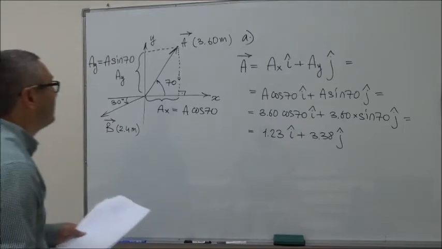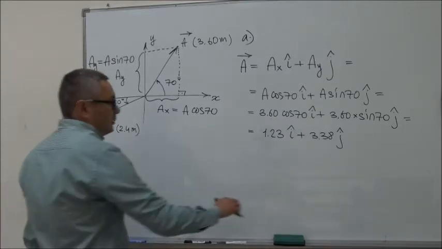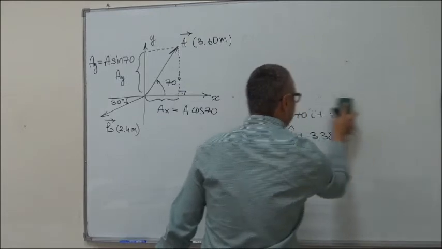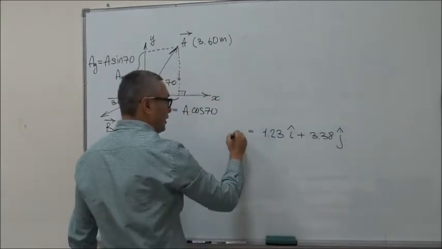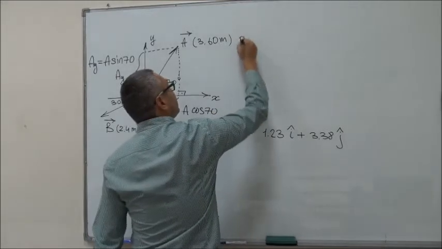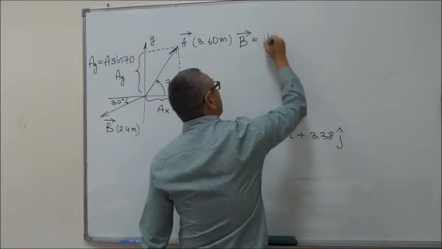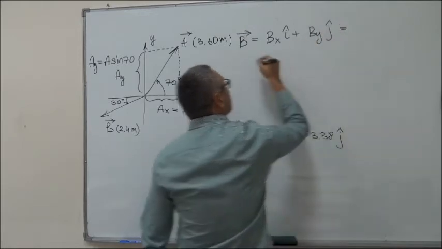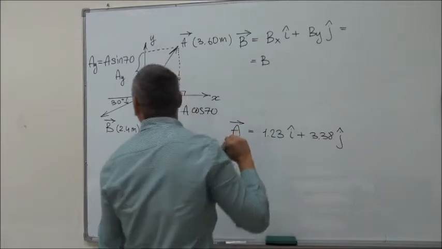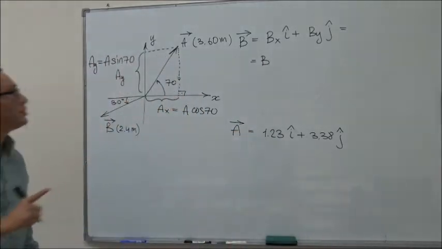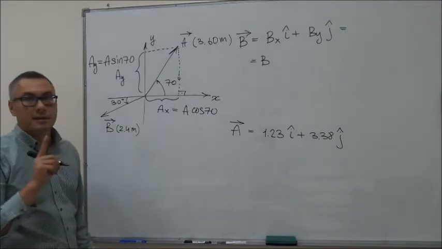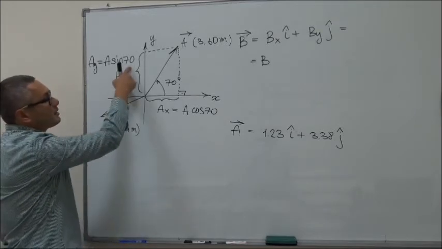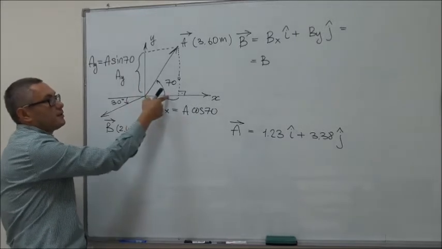Now let's do exactly the same thing, but for B. So the B vector is written as Bx I plus By J, which is equal to B. And now, in order to get the right signs, whether plus or minus, when we set the angle in this equation, like here we set it 70, you should set it starting from the x-axis.